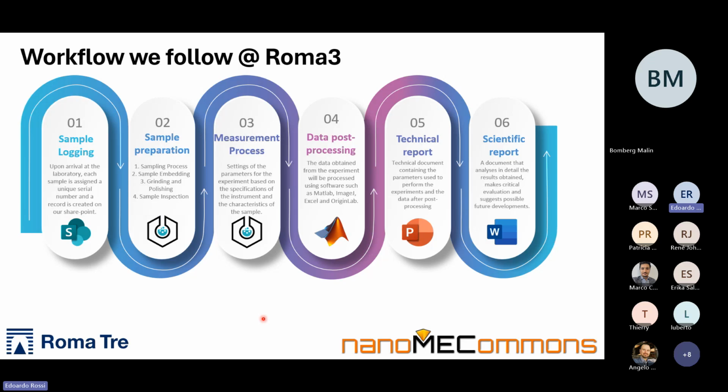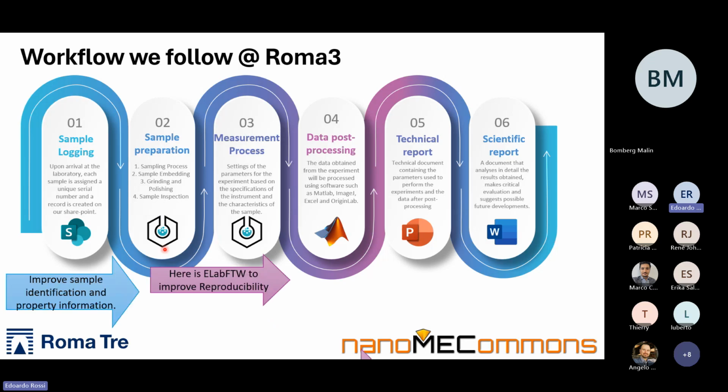So you need something that translates your ontology into real logging and metadata collection steps. To do that, we do sample logging, sample preparation. We do the measurement process in a software which is called eLab, and I will briefly go through that for the sake of shortening the presentation.